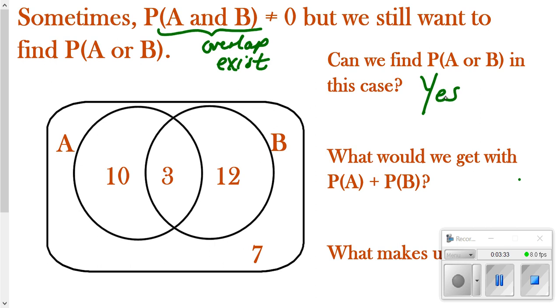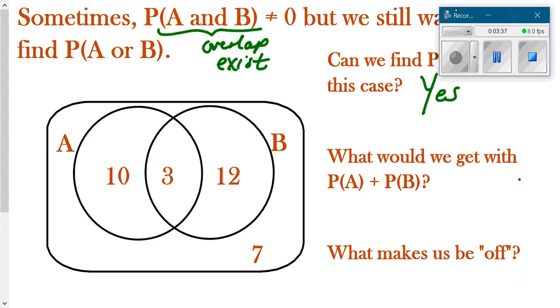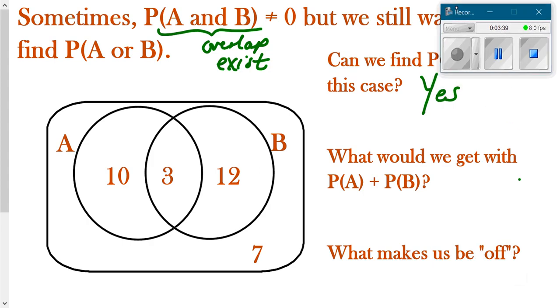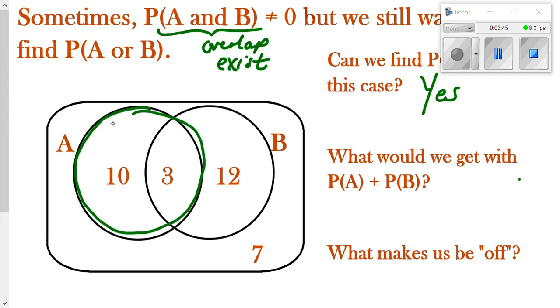And if we were to add those together, we're going to get too much. So if you look at this particular problem, if I find the probability of A here, and I didn't give you any context for what this means, but let's just say there's 10 ways for just A to happen, there's 3 ways for A and B to happen, there's 12 ways for B alone to happen, and there's 7 that are outside those two, okay?